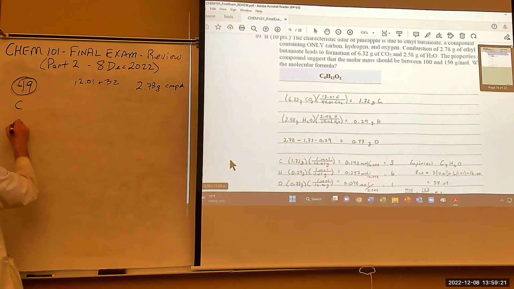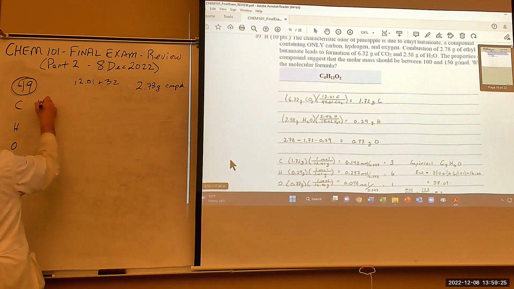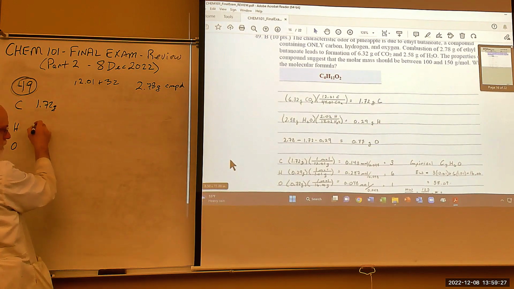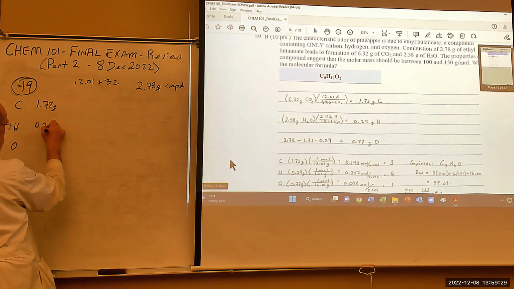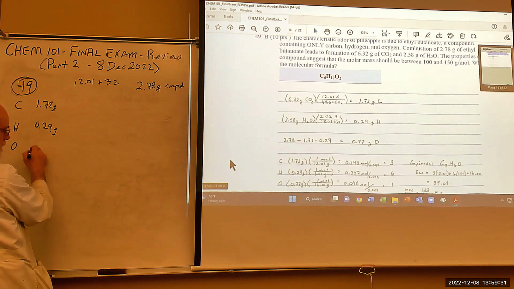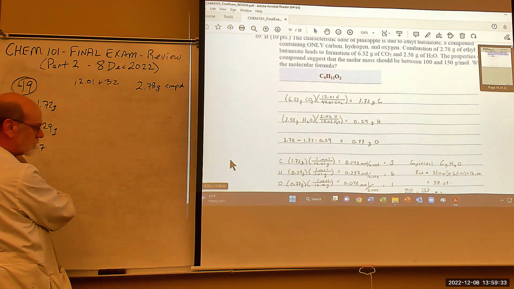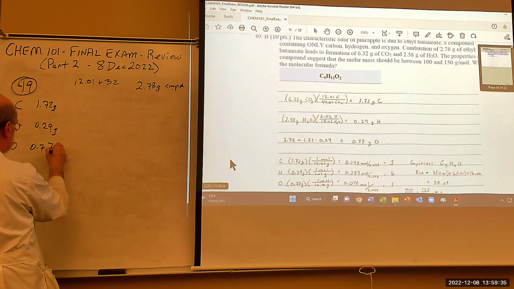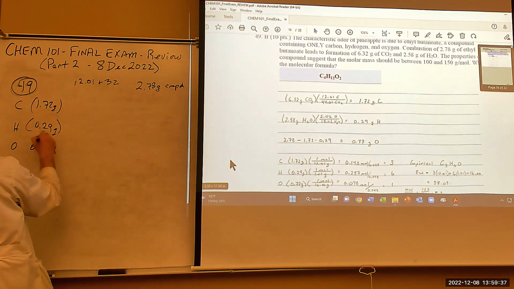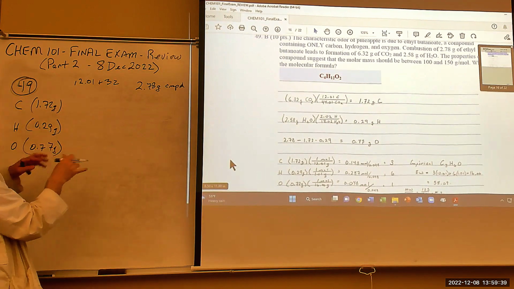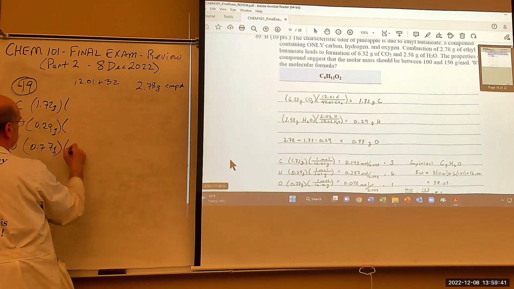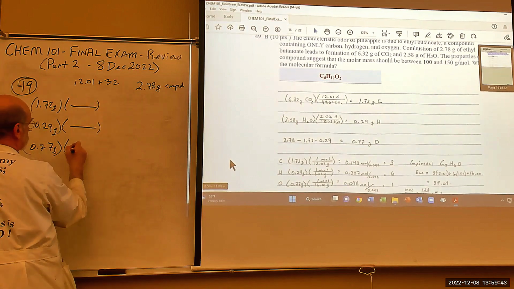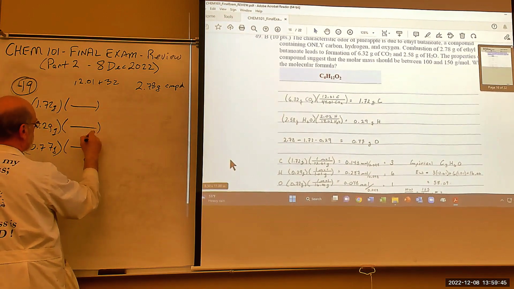So we need carbon, hydrogen, oxygen, and we have carbon is 1.72 grams, hydrogen is 0.29 grams, and oxygen is 0.77 grams. So we just need to convert each one of these to moles so we can get the mole ratio. Right? Henry Ford, assembly line.